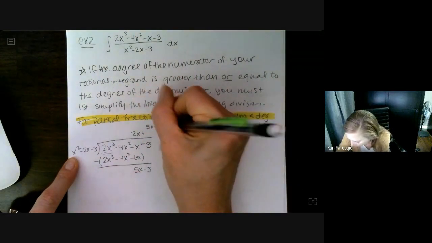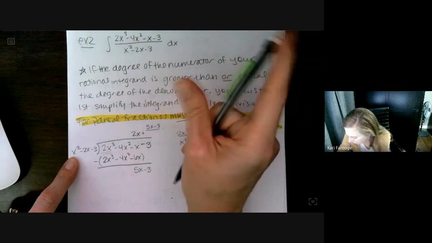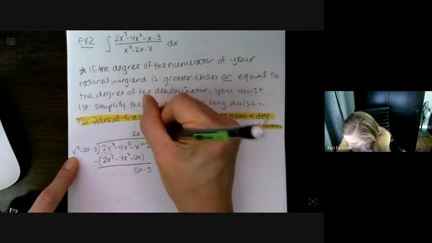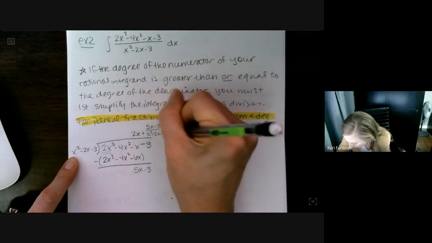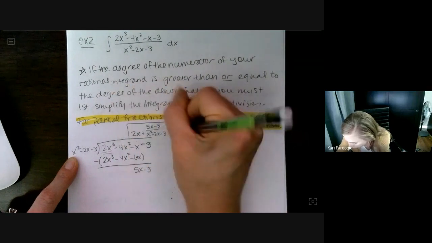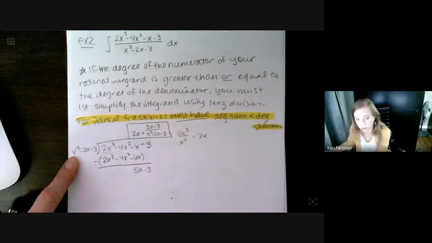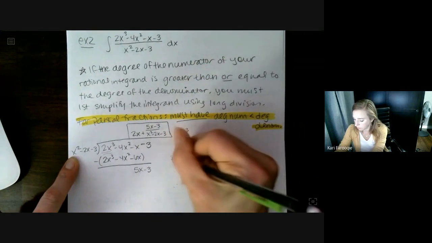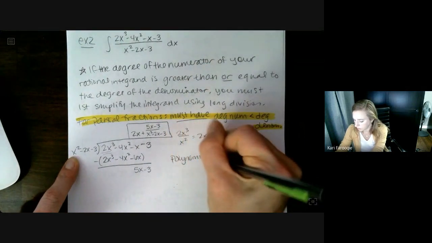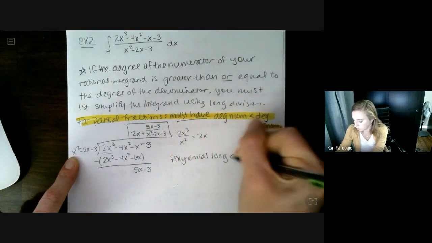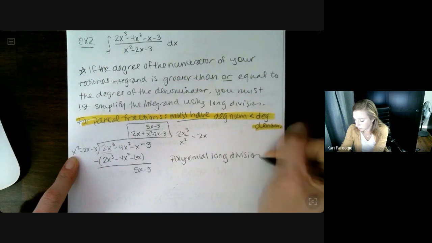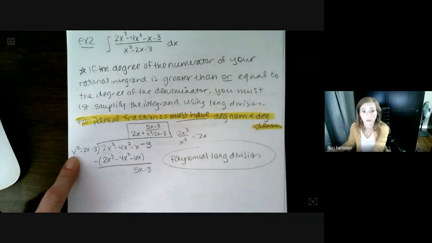I'm going to take my remainder, and I'm going to write it over my divisor. And that's how you perform polynomial long division. If you haven't seen it in a while, you can look it up on Khan Academy, polynomial long division. It's an algebra thing.